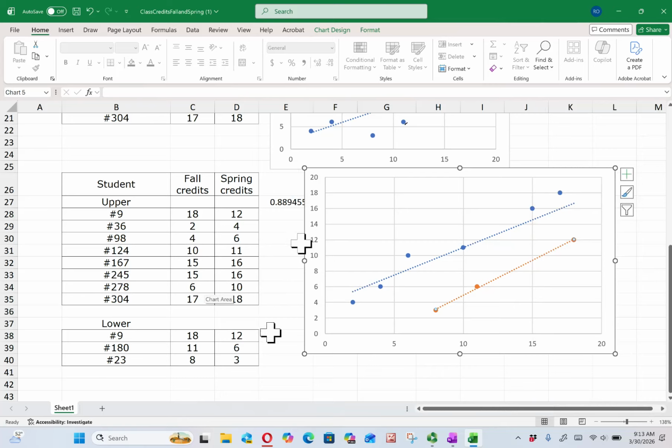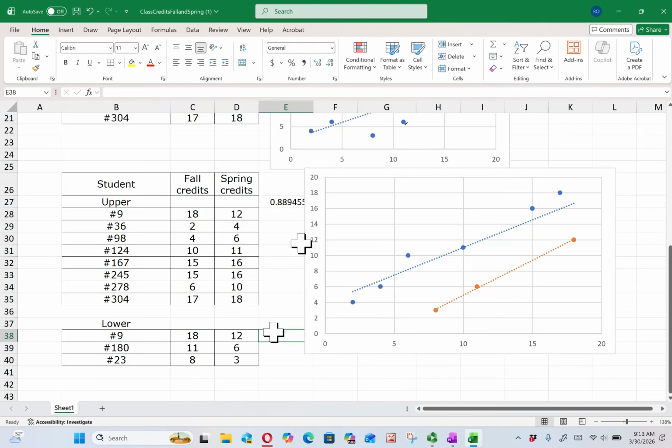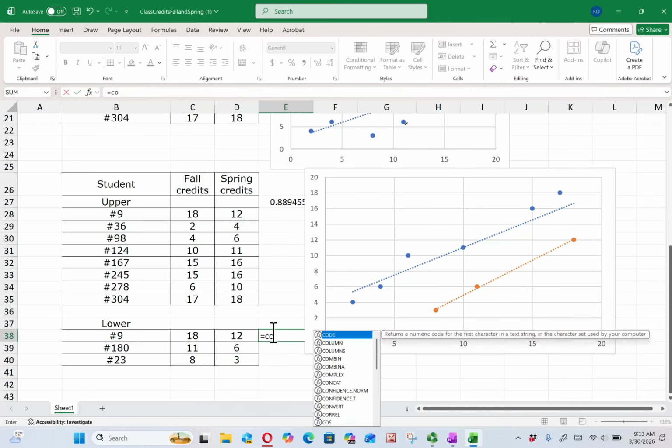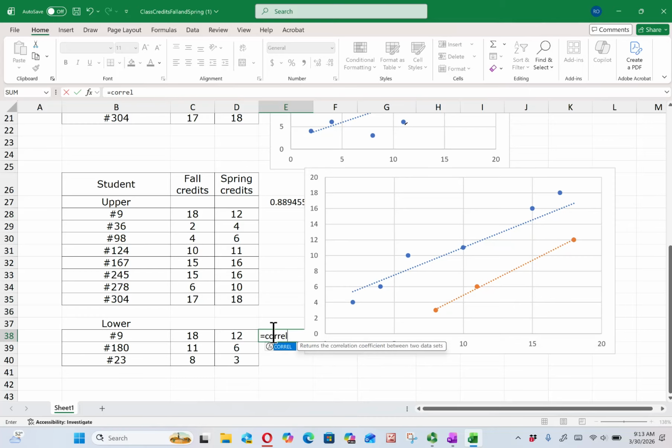And calculate the correlation coefficient between the fall and spring in the lower group. Equals CORREL.